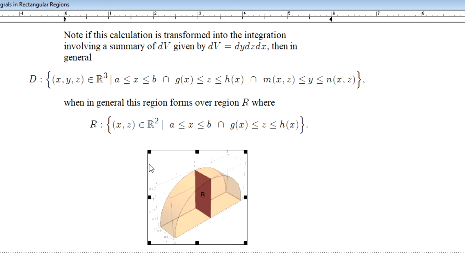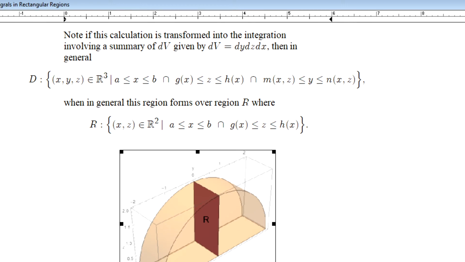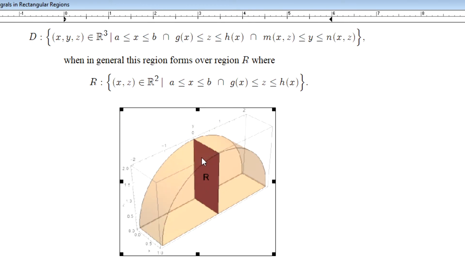Now, if we look at our illustration of this region, that would be a region R illustrated right here. The xz plane is going to occur where y is equal to 0, where this solid is occurring over this xz plane, where y equals 0, described by this rectangular region here in that xz plane.